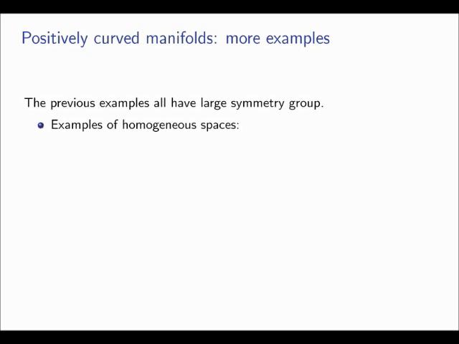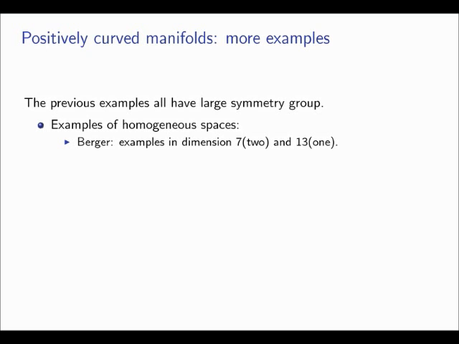The homogeneous space means there's one transformation from one point to another point, and this transformation preserves the curvature, the metric property. In another sense, if you want to study the metric property, for example, compute the sectional curvature, you only have to do it for one point. By this transformation, you have the same property at other points. So this is a homogeneous space.